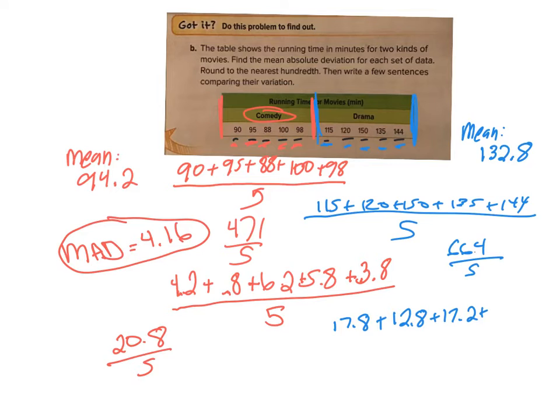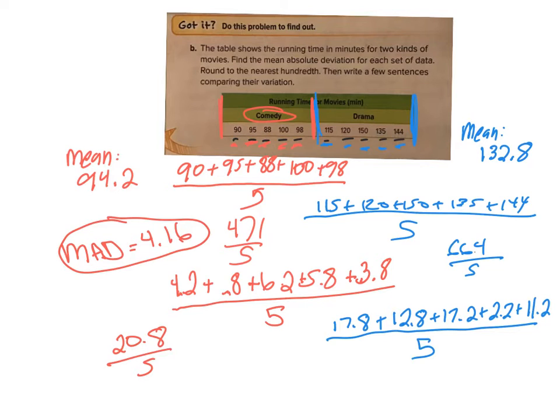Add that to the difference of the fourth one, 135 minus 132.8 equals 2.2. And then the difference of the last one, 144 minus 132.8 equals 11.2. And I'm going to divide that by 5, and that will get me my MAD.